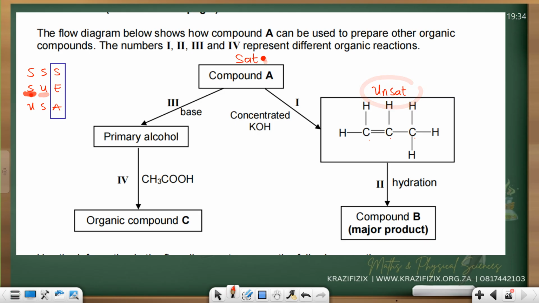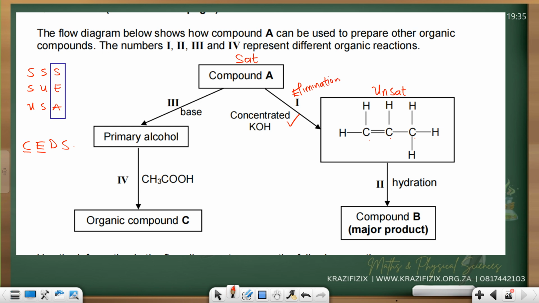If you can get this right, I'll be done. Compound A, and it makes sense. Why am I saying it makes sense? CEDS, concentrated elimination. Look at concentrated. So saturated, unsaturated, elimination.